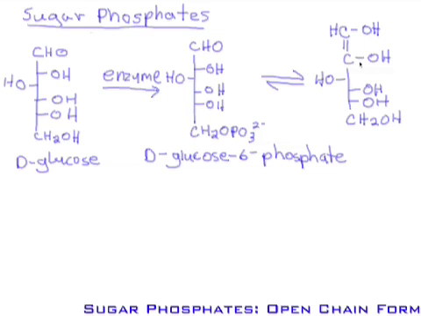Now, except in this case, the enediol intermediate has this phosphate group in the 6th position.